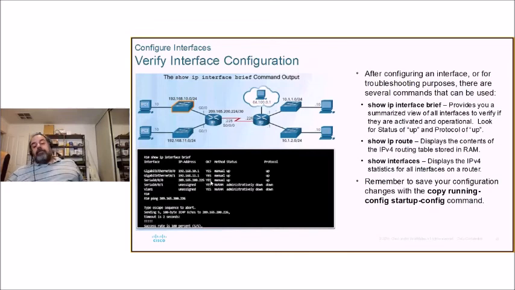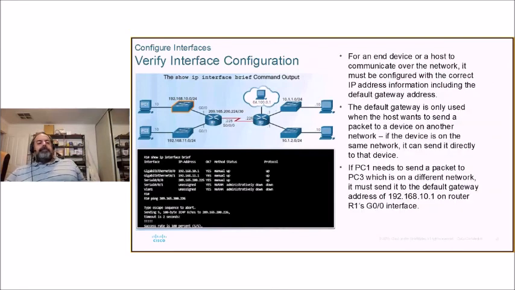It's a router. Its routing table is its bread and butter. That's its major purpose, and so making sure the routing table is correct is pretty important. Of course, you can do show interfaces. That will often give you a screen full of information per interface. So you may or may not want that.